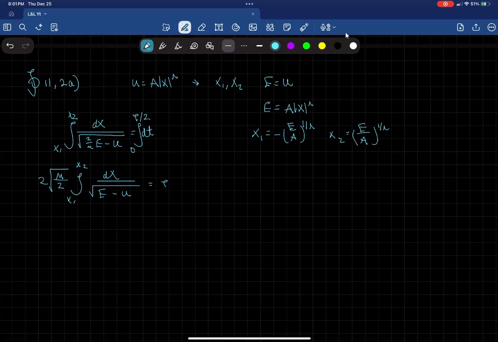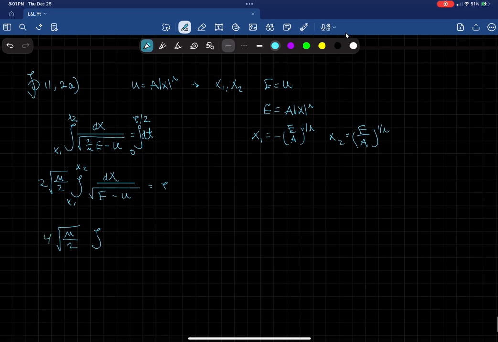and rewriting it in terms of the U that I'm given. I get 2 square root of m over 2 integral from, and now I notice that this is a symmetric function. It's the same value, just positive and negative for my bounds. So instead of integrating from x1 to x2, I will just multiply by 2 and integrate from 0 to x2.